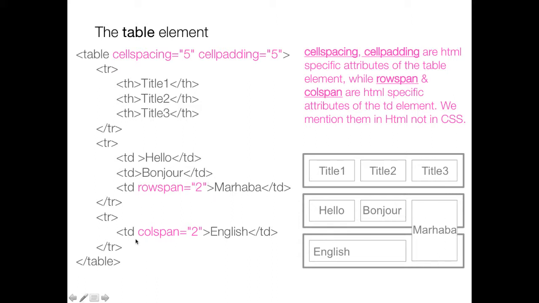In the third row, we have a col span 2, which means that in the third row, the first cell is spanning 2 columns. This is one column and this is another column. So the cell is spanning or including 2 columns. So just so we know what cell spacing, cell padding, row span, and col span do.